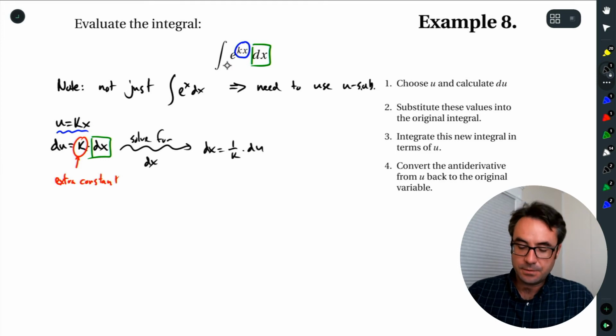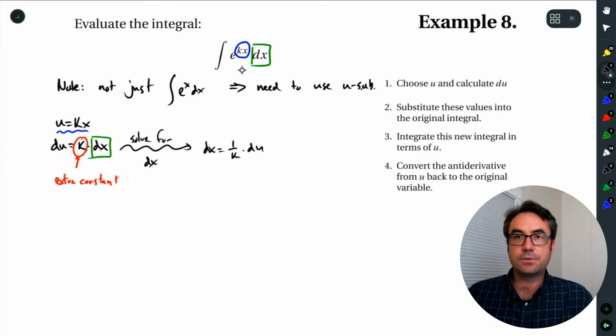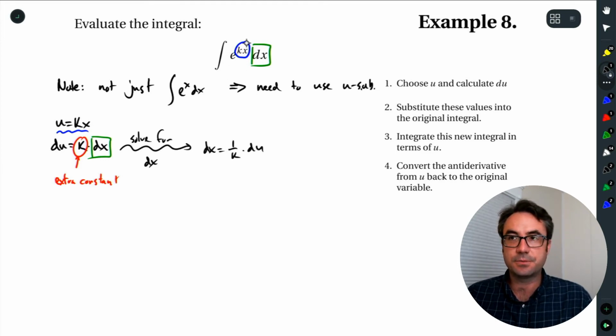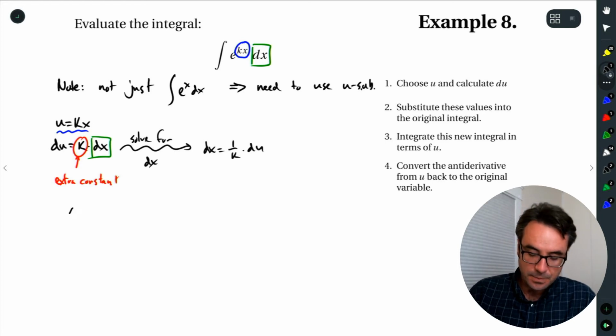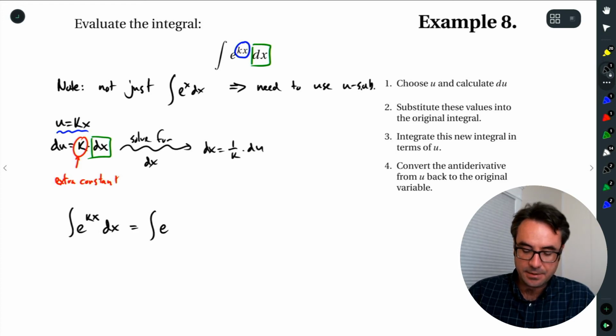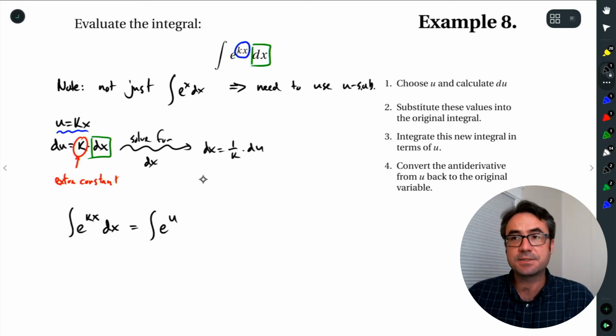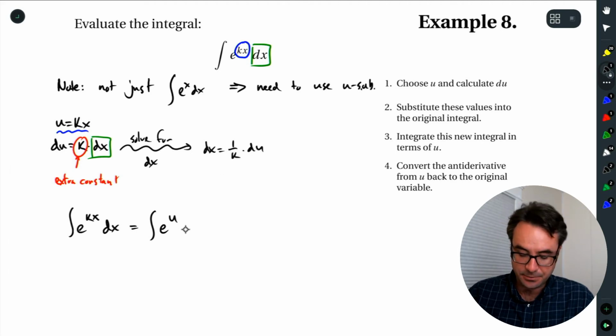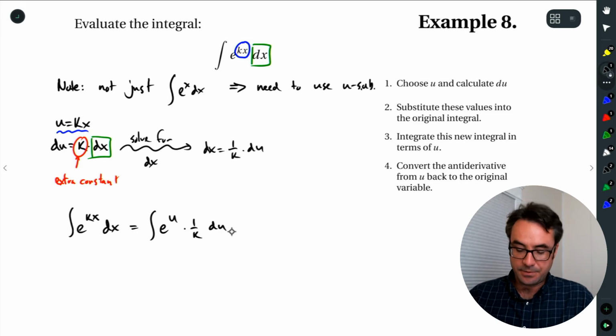And so if we start substituting all the terms in, our integral, which was e to the kx dx, that e to the kx is going to become e to the u. And then this dx becomes 1 over k times du. And then we finish integrating.